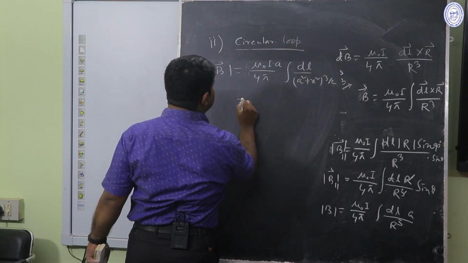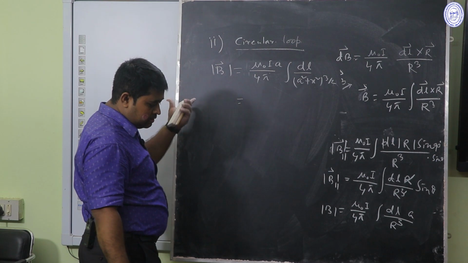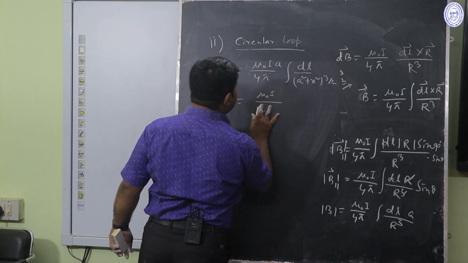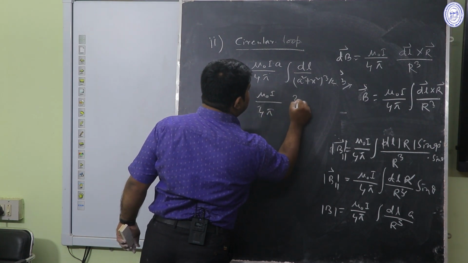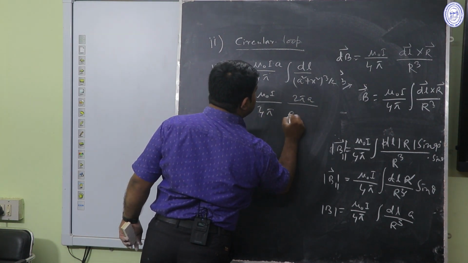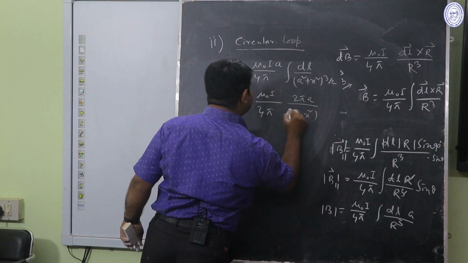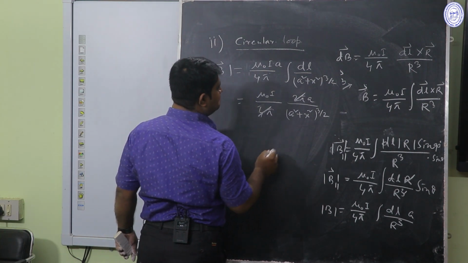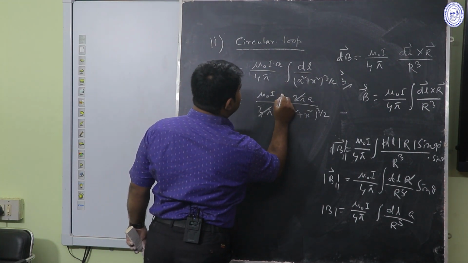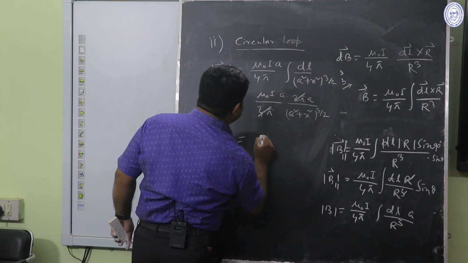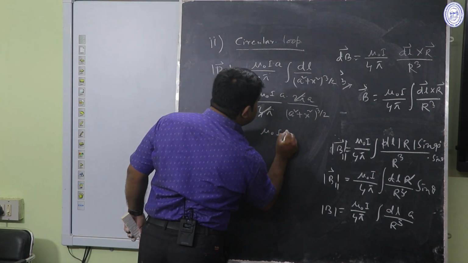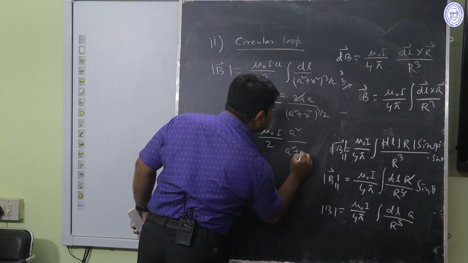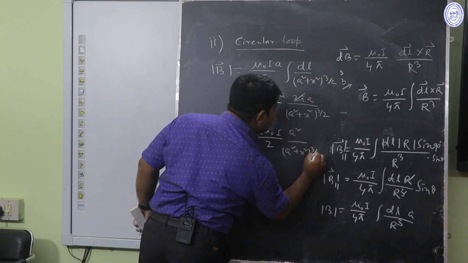Integration of dl is equal to 2 pi a, the periphery of the circular loop. So mu 0 I by 4 pi, 2 pi a into a, over a square plus x square to the power 3 by 2. The 2 pi cancels, giving mu 0 I a square by 2 into a square plus x square to the power 3 by 2.